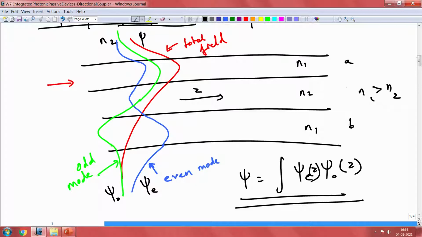For example, after passing through a certain distance L, your total field might look something like this. So, this could be your total field now. In this case, the odd mode will be similar, the same as what we saw, and the even mode again will be inverted in this case.